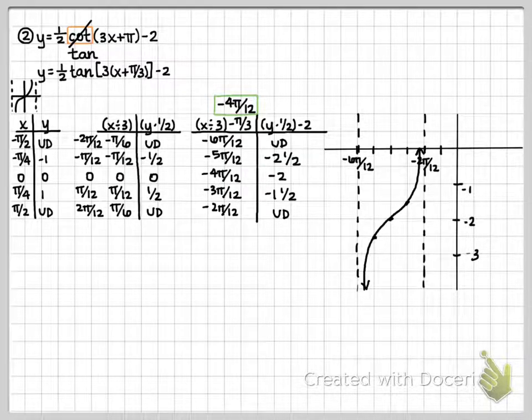Okay, so here's what I have for my tangent curve. I went through and I performed the exact same transformation based off of the equation as if this were a tangent graph. So you'll see I set up my x's and my y's. I used my tangent points, not my cotangent points. Now, again, this is one way you can do it. You can go ahead and use the cotangent points if you want.